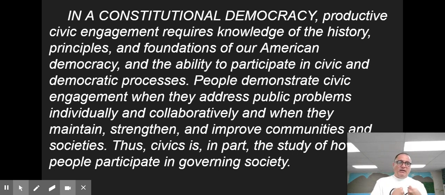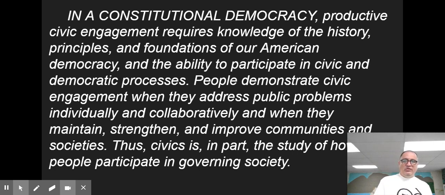And we'll talk about how those two exist. Sometimes they exist seamlessly, sometimes they exist in tension. But civics is as much about doing as it is about learning the thing, memorizing the institution. It's as much about being engaged.